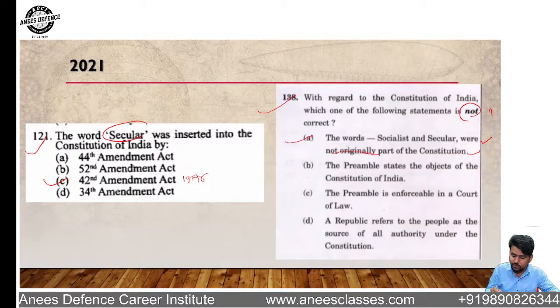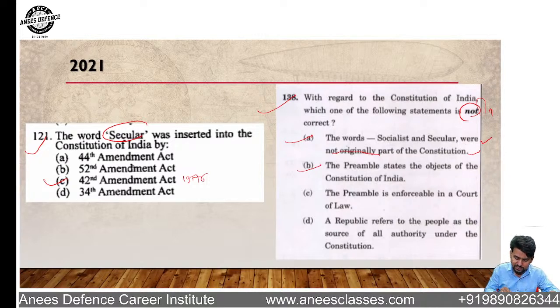Okay. But they are asking which is not correct, right? Then the preamble states the objects of the Constitution of India. Indeed, yes, because the objectives resolution that Jawaharlal Nehru had introduced shows the objectives and the philosophy of the constitution, and the preamble is nothing but a modified version of that objectives resolution. That's why indeed it shows the objects of the Constitution of India.